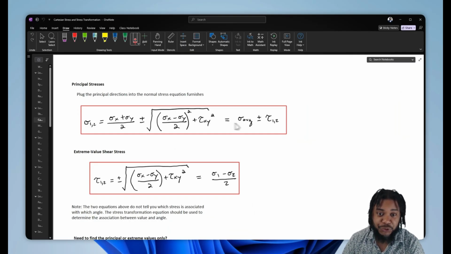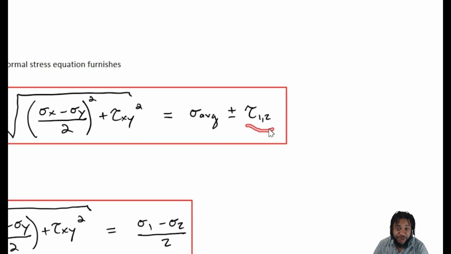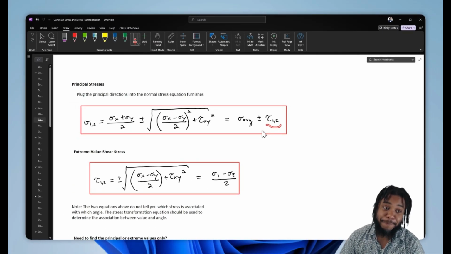This is in essence equal to the average normal stress plus or minus the extreme valued shear stresses, right?